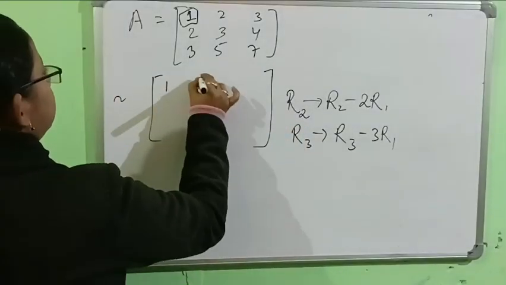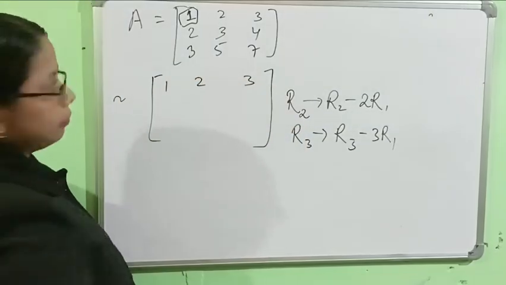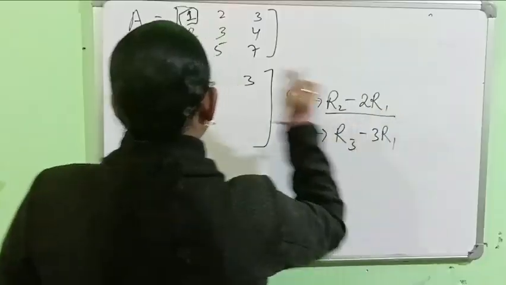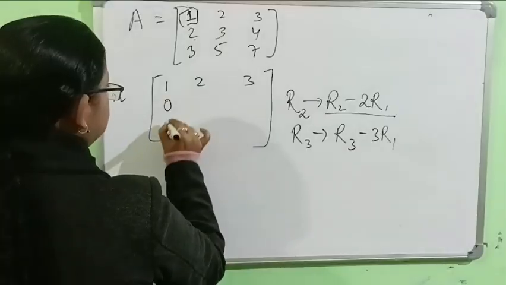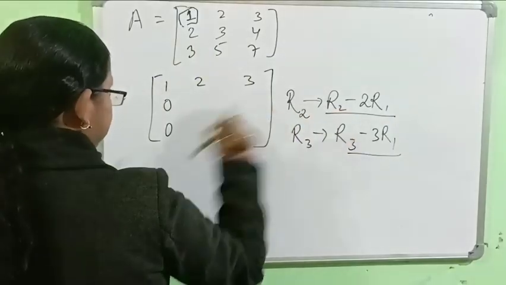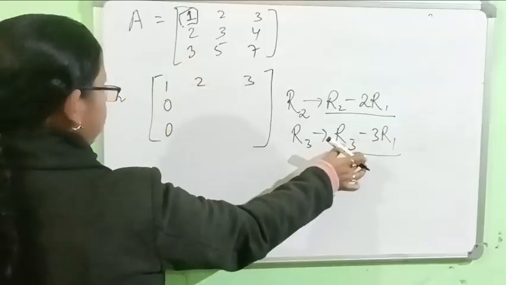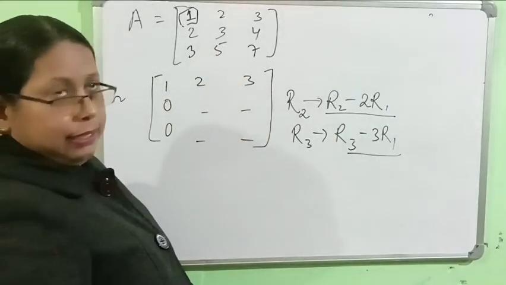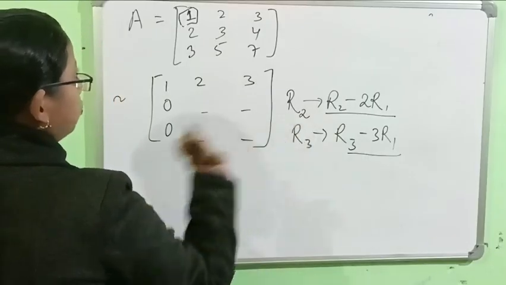So the first row stays 1, 2, 3. The elements in the first column become 0 by these transformations. I have to find the remaining four elements using these transformations.